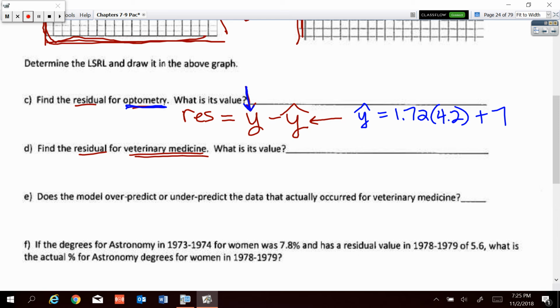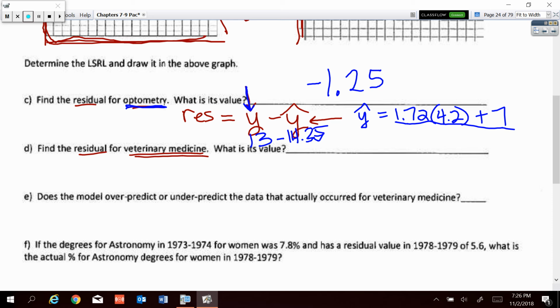And then I've got actual y minus whatever this is. I think it's like 14.25. And guess what that residual is? Negative 1.25. Maybe it was 7.5, I don't remember that, but I do know the answer here is negative 1.25.